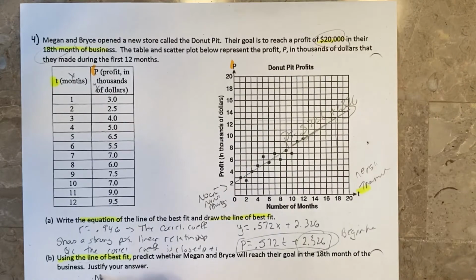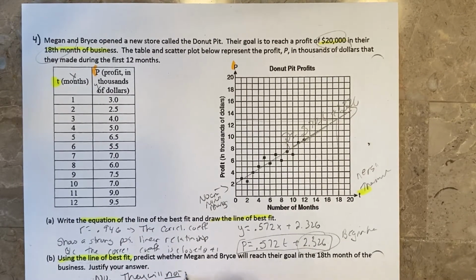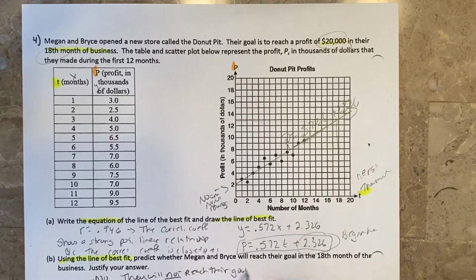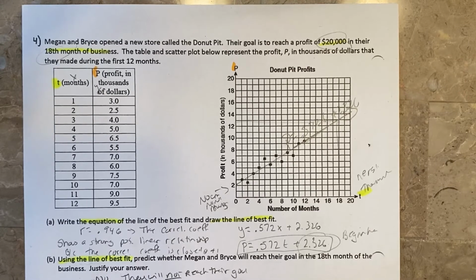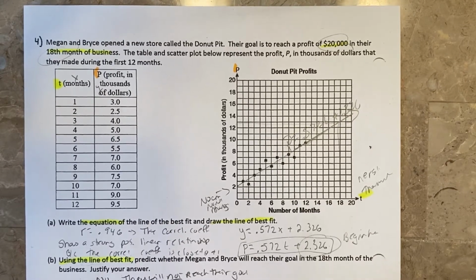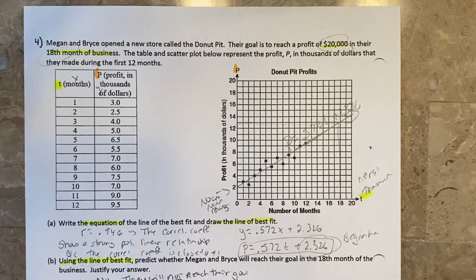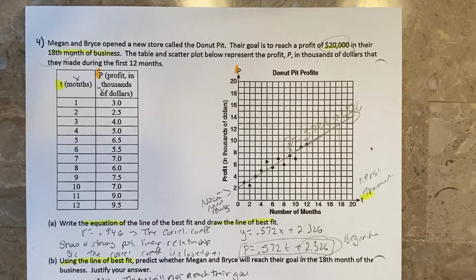No. So no, they will not reach their goal, because at 18 months, they will only have made around 13,000, not the 20,000 they need.